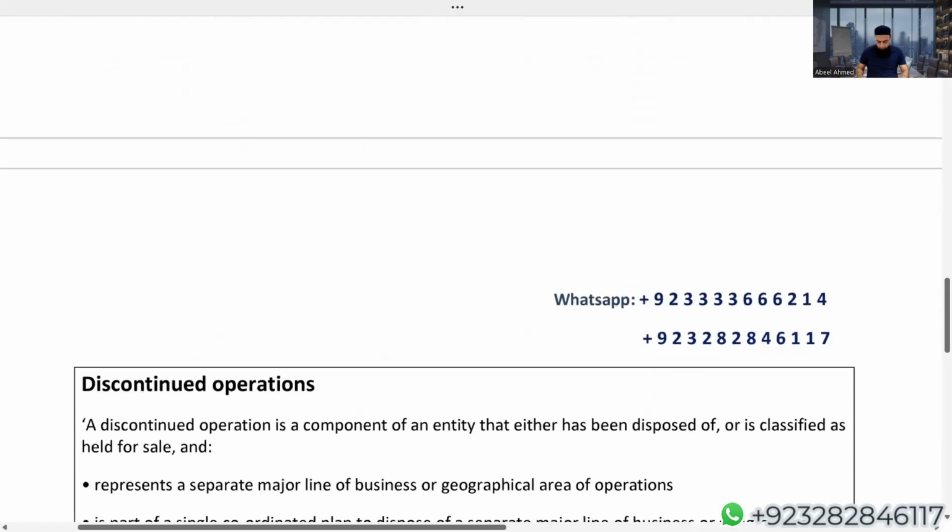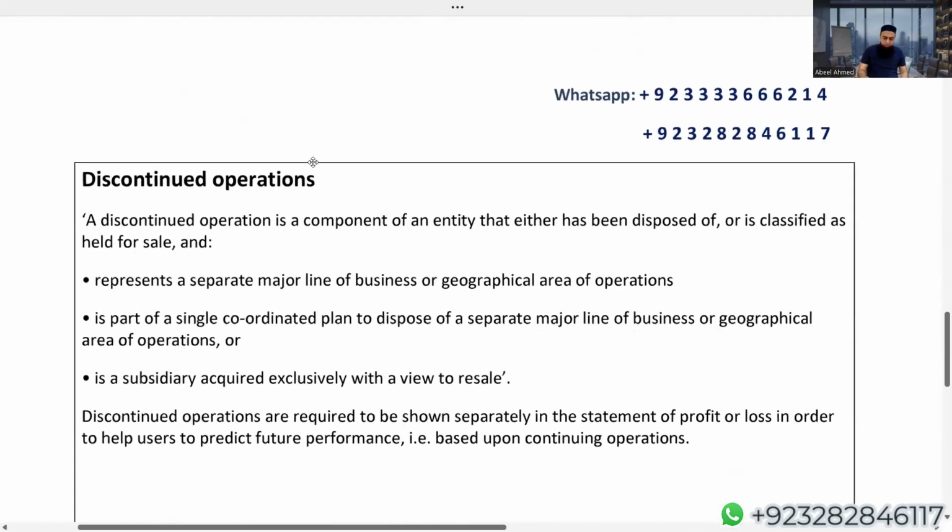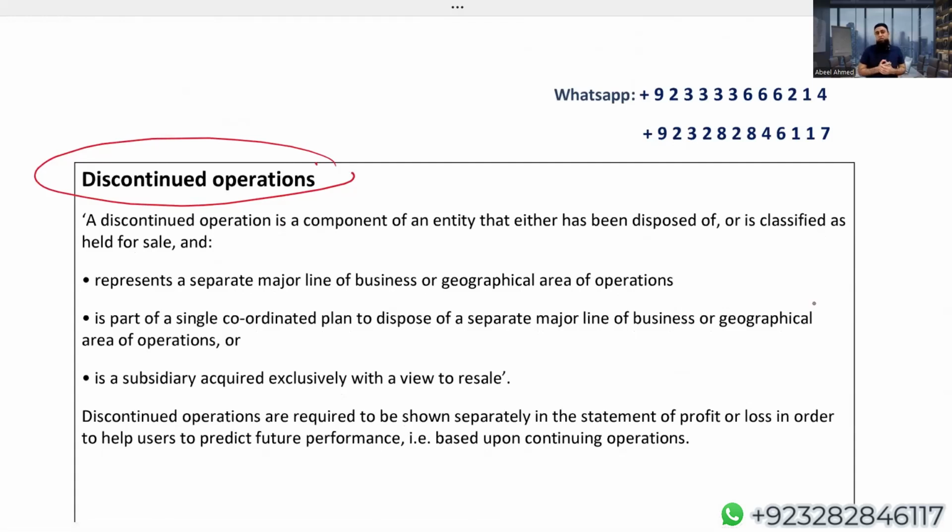Okay. Now let's talk about discontinued operations. First of all, student, you should be able to understand the concept of a discontinued operation. When I say discontinued operation, you should be thinking at a very large scale. What do I mean by a very large scale? Let's take an example of ABC company, my favorite company.